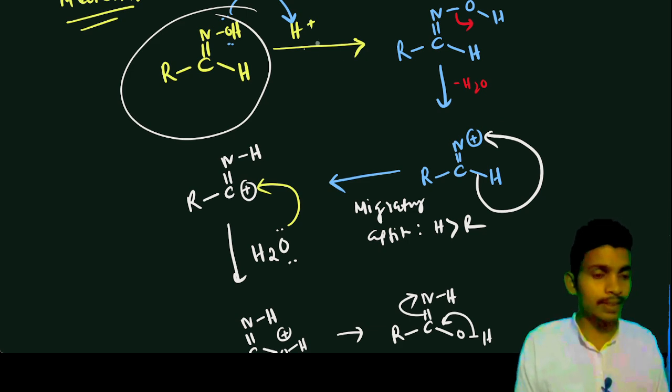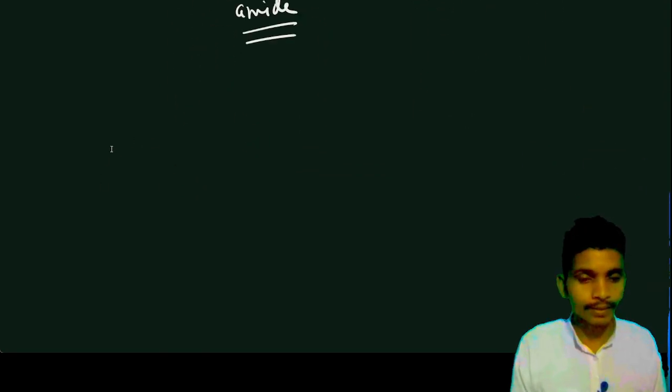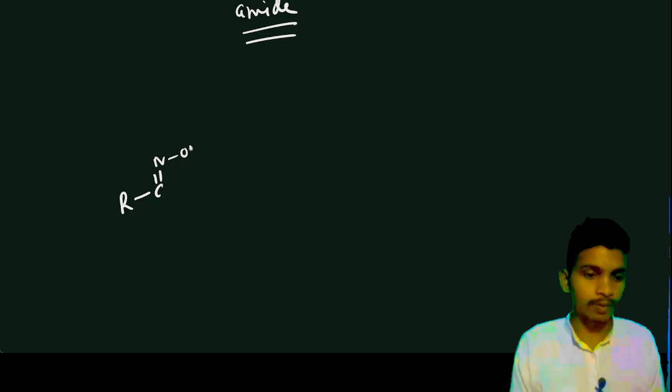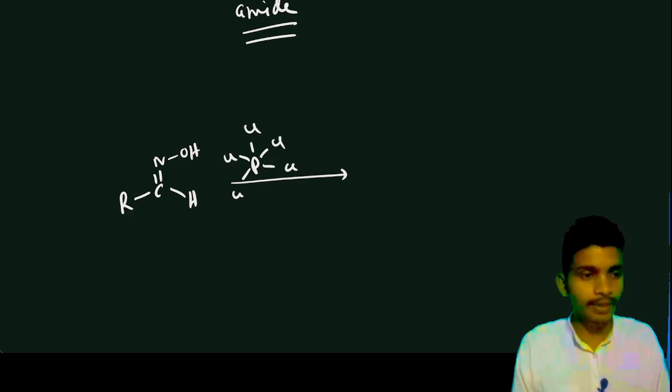Now if instead of H plus, PCl5 is there, we also see that. Let's say this is R–C double bond N and OH, this is the oxygen, and let's say hydrogen is there. Now if we have PCl5, what will happen here? The same thing: this lone pair here, with the d orbitals of P available, is going to attack here.